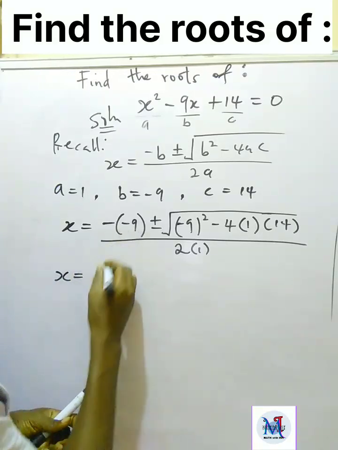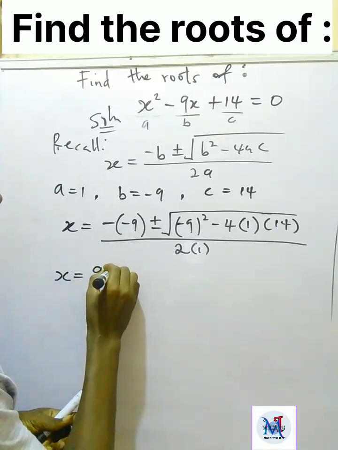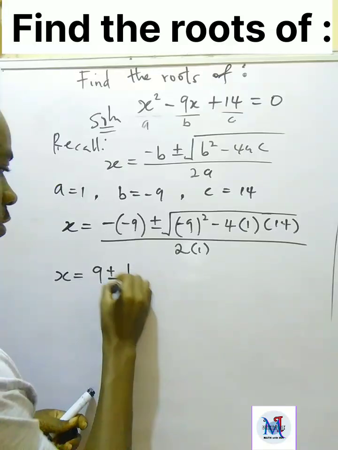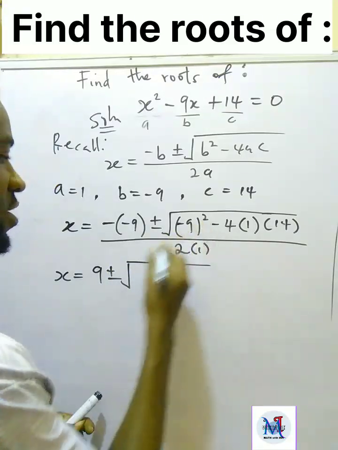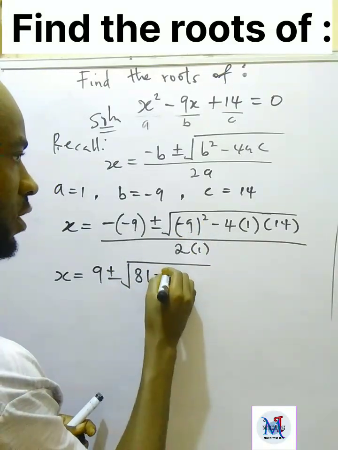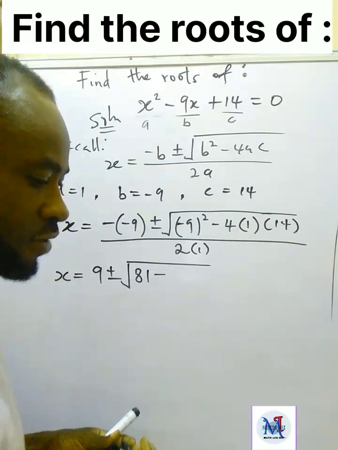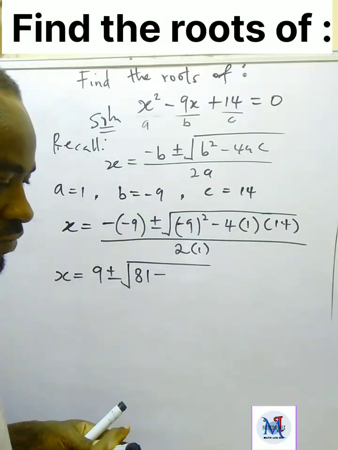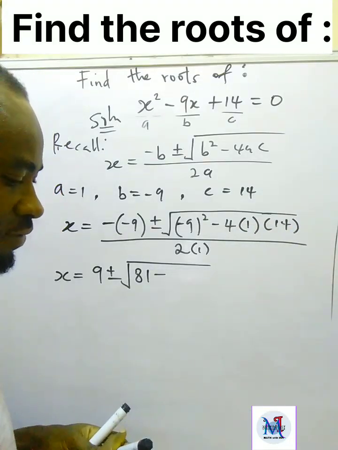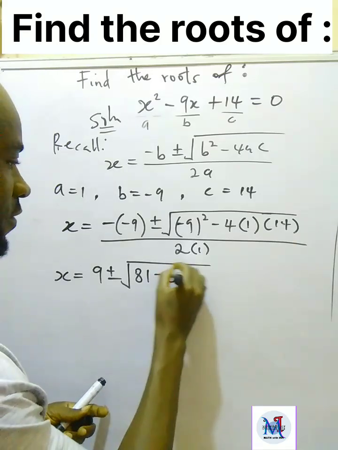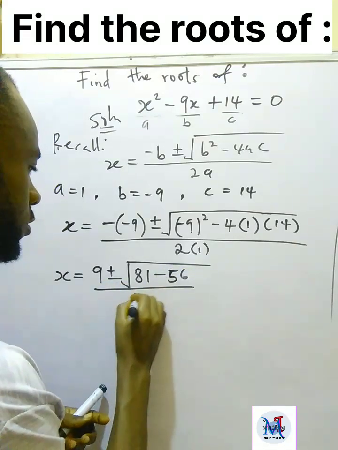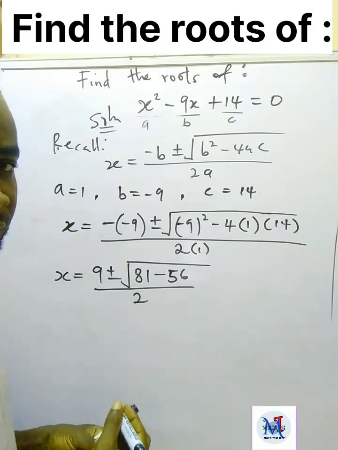We're almost done. Minus times minus is plus, so this gives us plus 9, plus or minus square root of 9 squared, which is 81, minus 4 times 1 times 14, which is 56, all over 2 times 1, and that is 2.